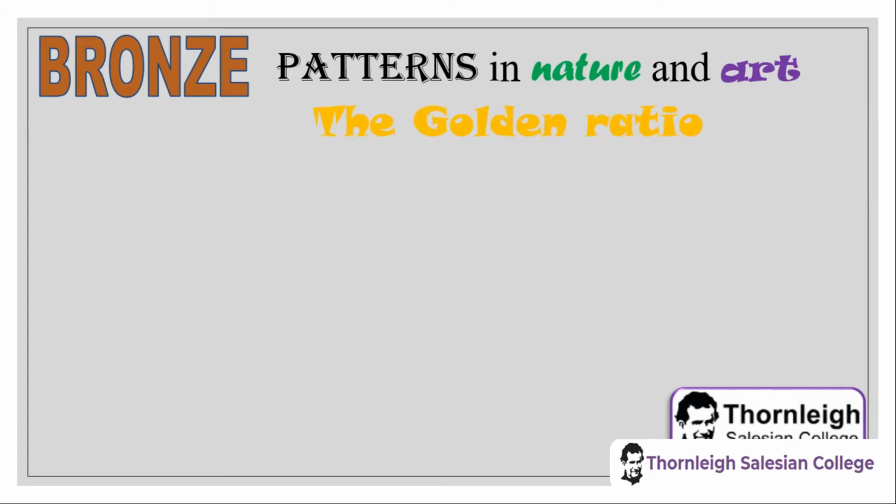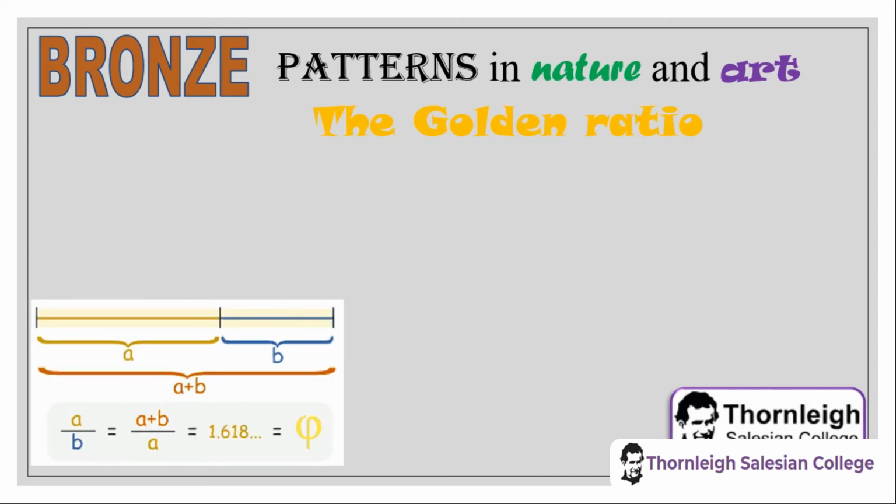The golden ratio is another important aspect of maths found in nature and art. The golden ratio is 1.618 to 3 decimal places and is represented by the Greek symbol phi. The golden ratio is also known as the divine proportion, the golden proportion, the golden mean, or the golden number.